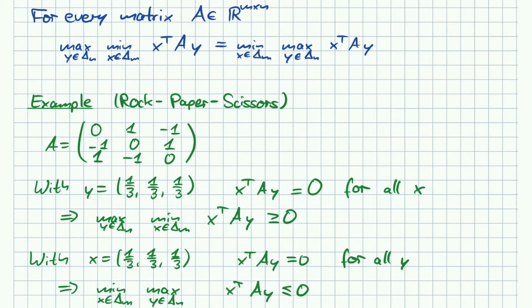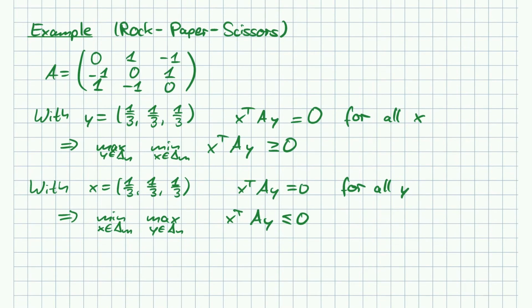And as a matter of fact, by using the equality between these two things, we actually have that these two things are just the same. And they have to be equal to 0.